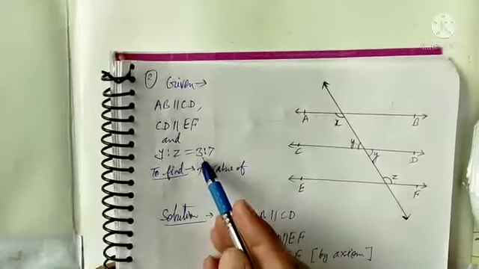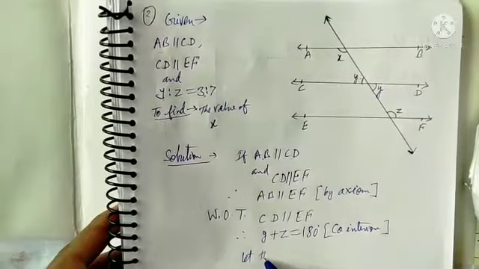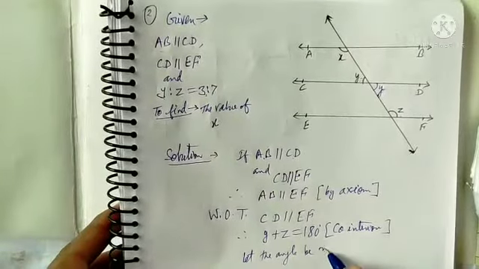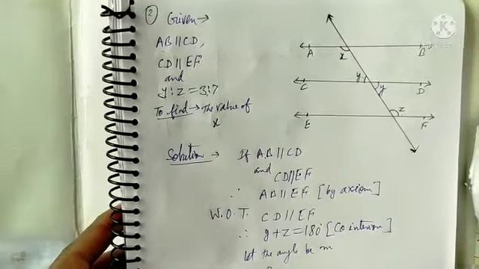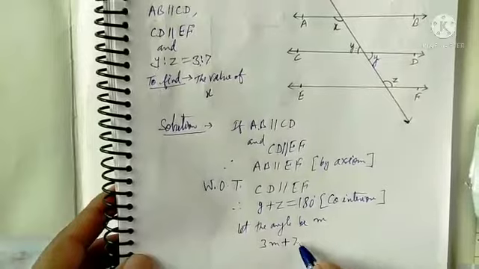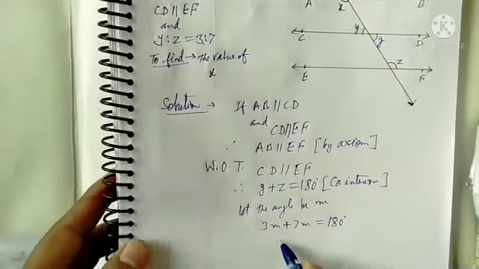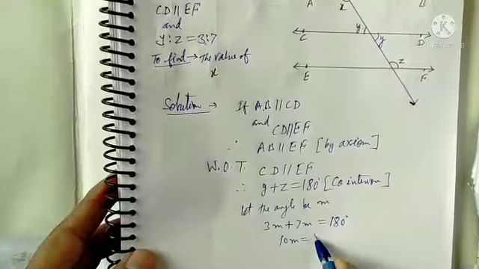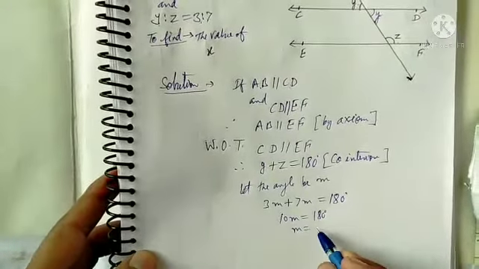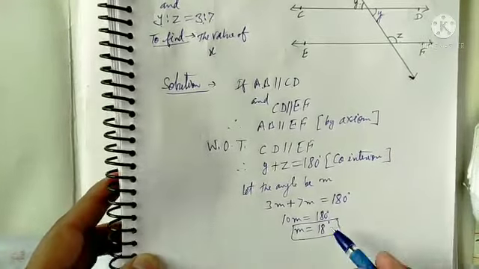And what is the ratio of y and z? 3:7. So let the common multiple be m. Then y will be 3m plus z will be 7m is equal to 180 degree. 3m plus 7m is 10m. 10m is equal to 180. It means m is equal to 180 upon 10, which is 18 degree.